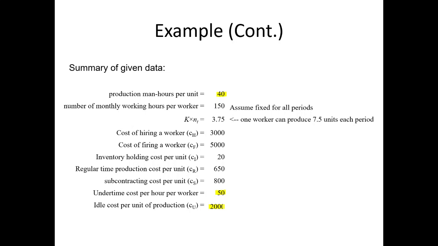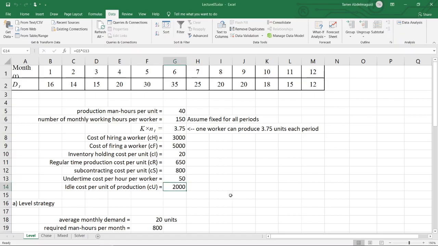Now, let us see how these numbers can be used within the level strategy, the chase strategy, and the mixed strategy, using the numerical data in Microsoft Excel. Here I have entered all the problem data on Excel, as you can see.